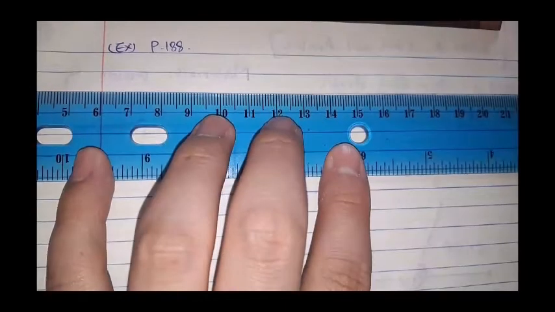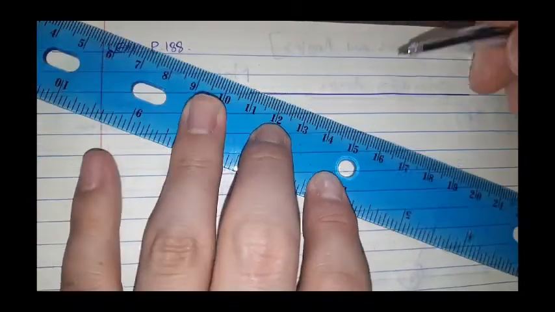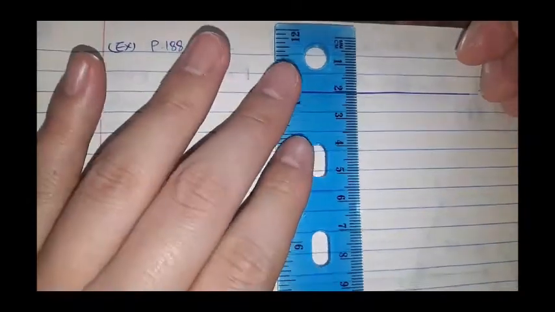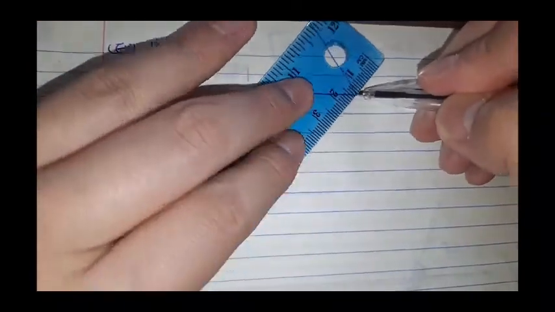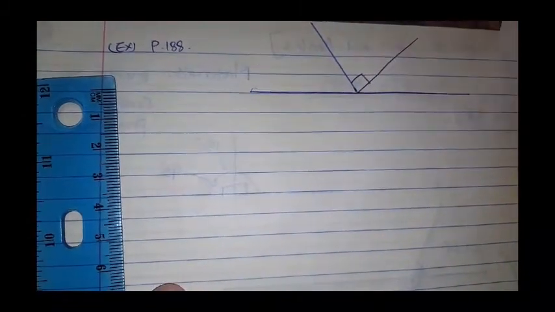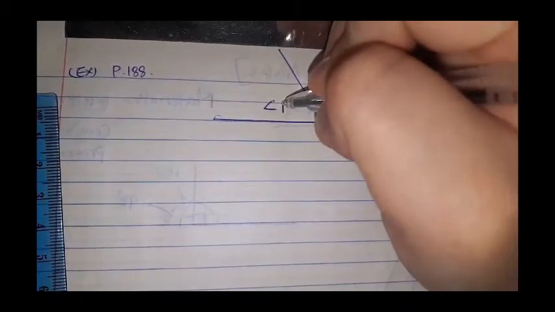I'm going to copy the question at a bigger scale. 90 degrees, and this is angle 1.